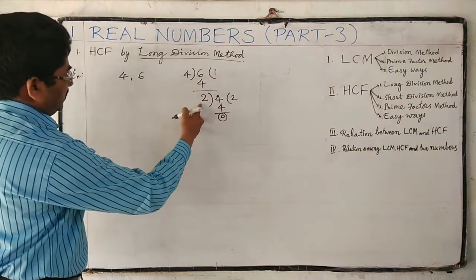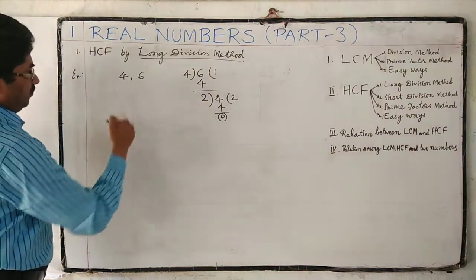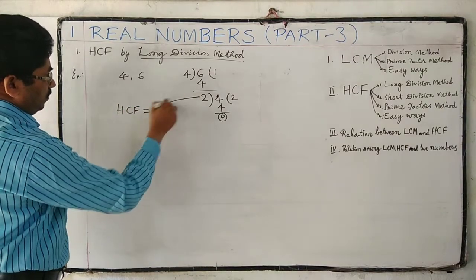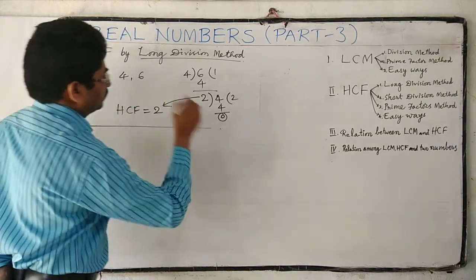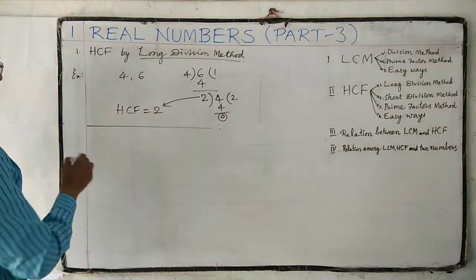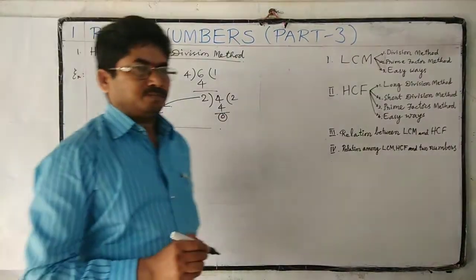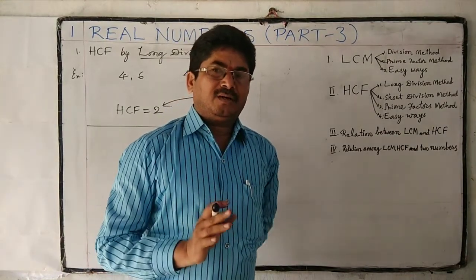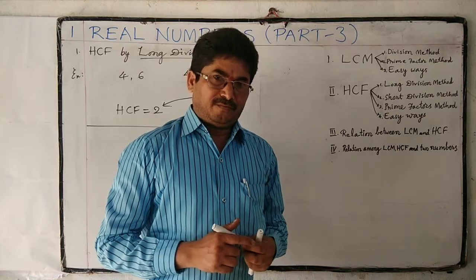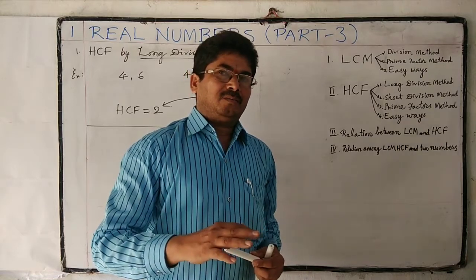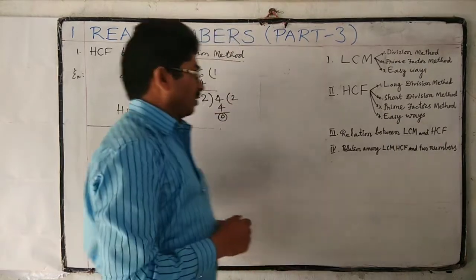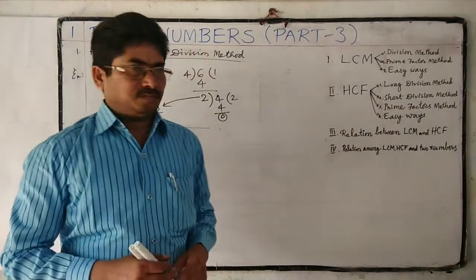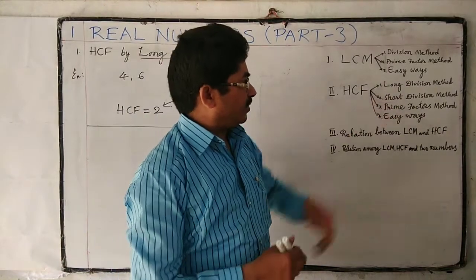So this is the HCF of 4 and 6. HCF is equal to 2. One more example: if there are 3 numbers, we have to divide the first 2 numbers, get that HCF, and then divide with the third number. To avoid that much length, we follow the short division method.